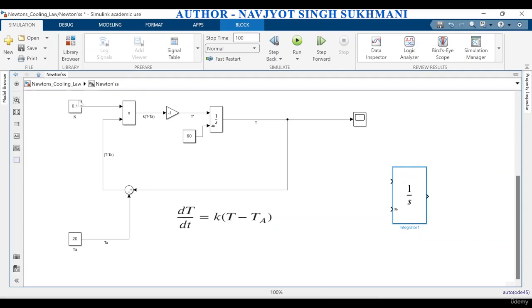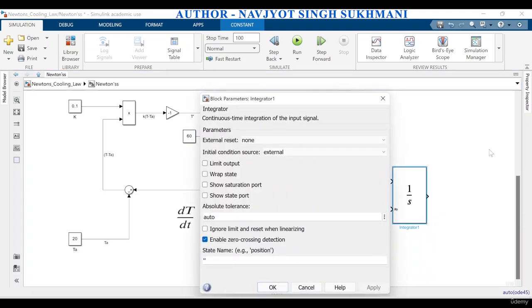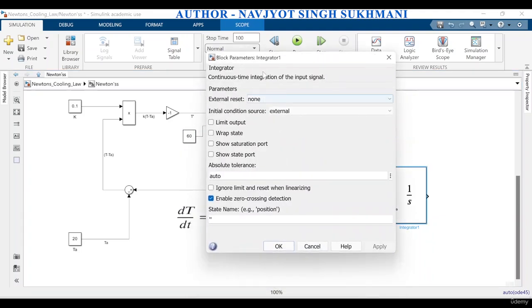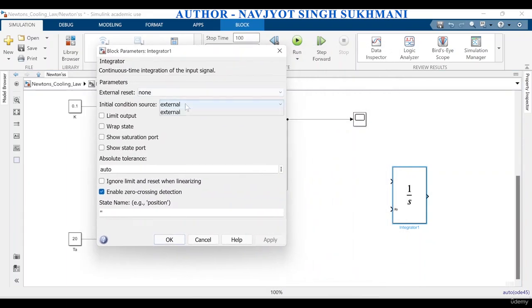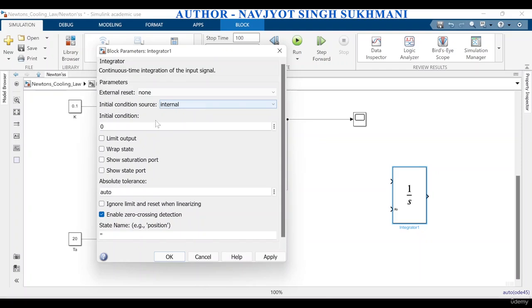The rest of the basic blocks: these two are constant blocks, this is a product block, this is a gain block, and this is a scope. You know the rest of the blocks. But the important difference is that with the integrator, we have the option to take the initial condition internal, where I can write it directly, or external. Both are possible.